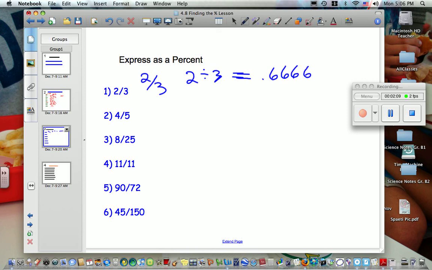So 0.6 repeating, we already learned in the last page, if you've got a decimal, to easily make it a percentage by simply moving the decimal over two places. So that would be 66.6 repeating percent. Or, if you were going to round it off, 66.7%. Or if you were going to make it to the nearest whole number, 67%, depending on which decimal place you were going to round it to.